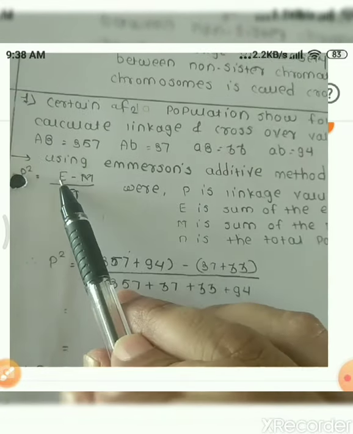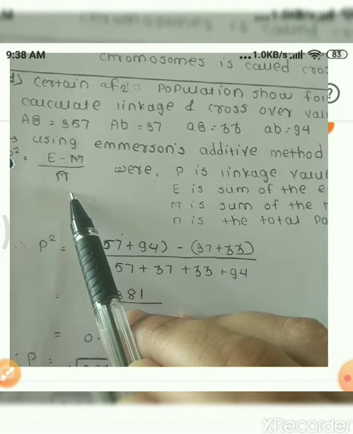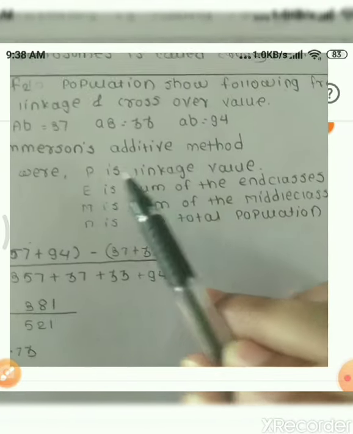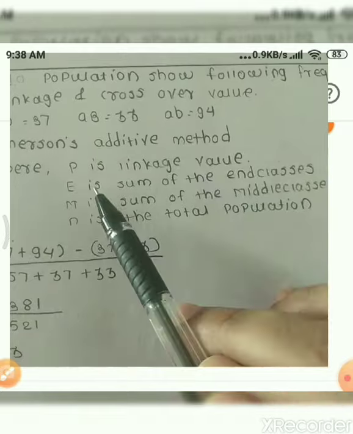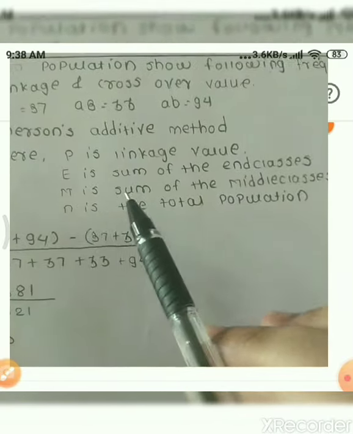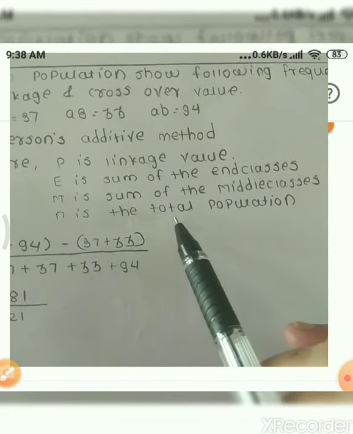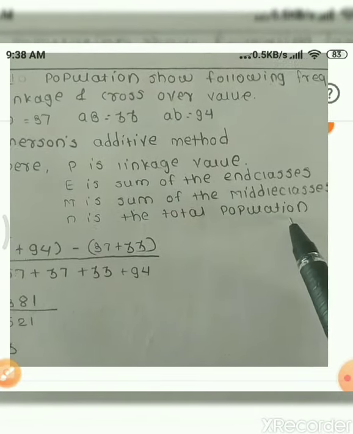Now try to understand what is meant by E, what is meant by m, and what is meant by n. Firstly, p is the linkage value, E is the sum of all the end classes, m is the sum of the middle classes, and n is the sum of the total population. So once we put all these values into this formula, p square is equal to, these are the end values.